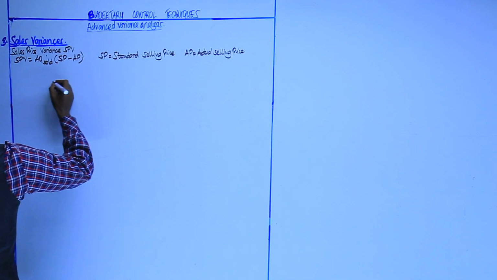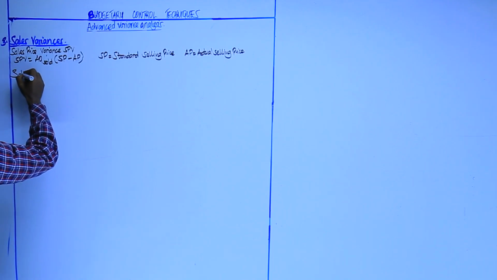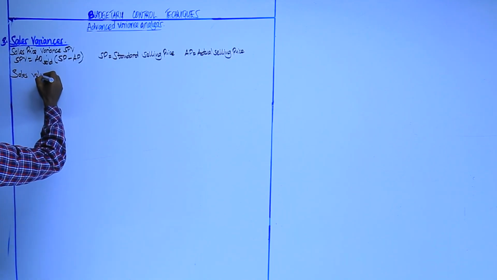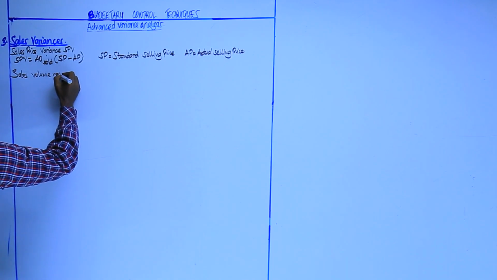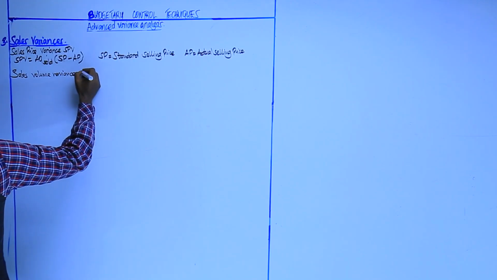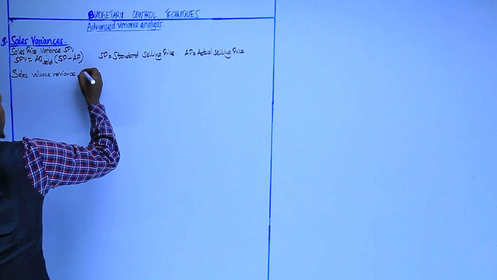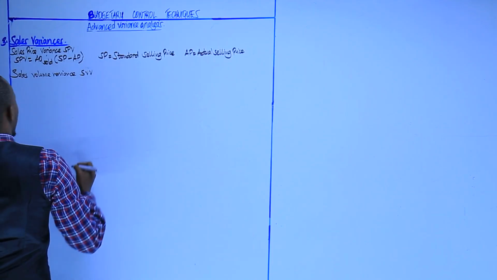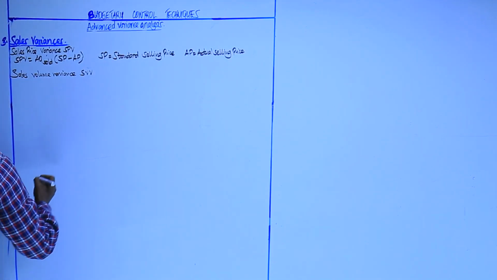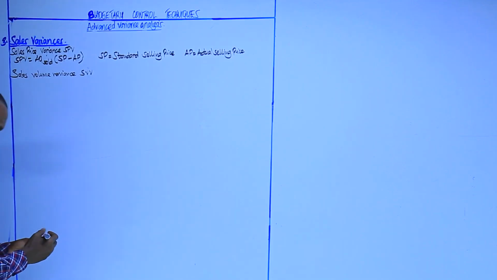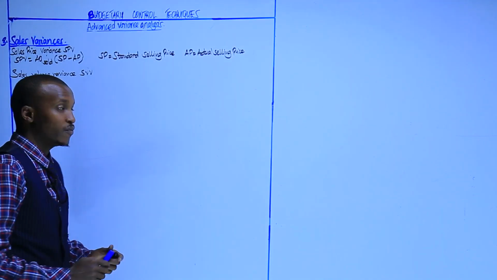Then sales volume variance, which is SVV. Now we have two approaches of calculating volume variance.